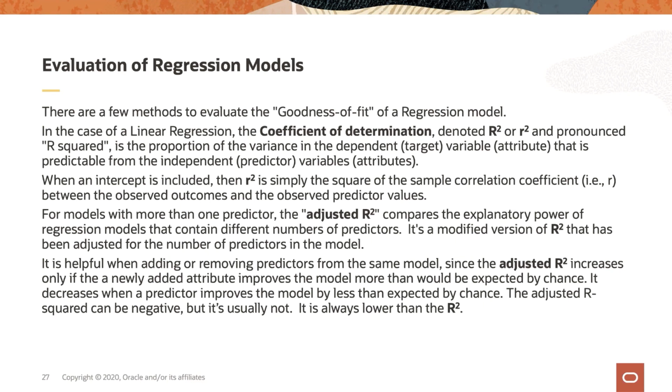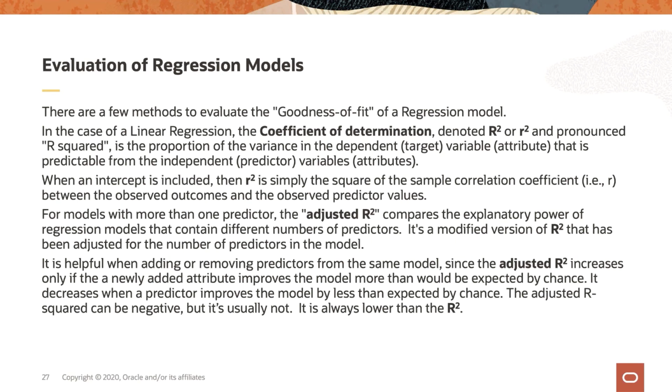Normally, if you include an intercept and you have a simple regression with one term, then that is really the sample correlation coefficient. When you look at models with one predictor, the R square is looking at the explanatory power of the model.